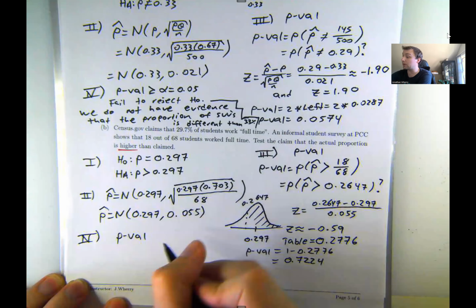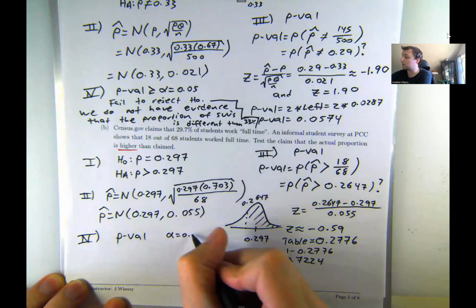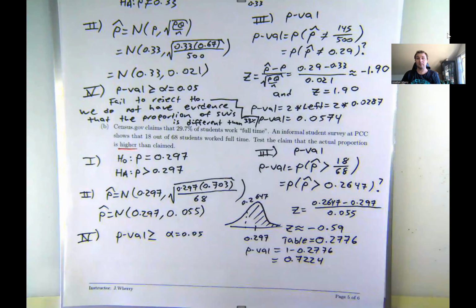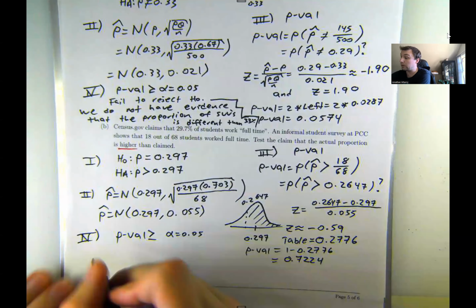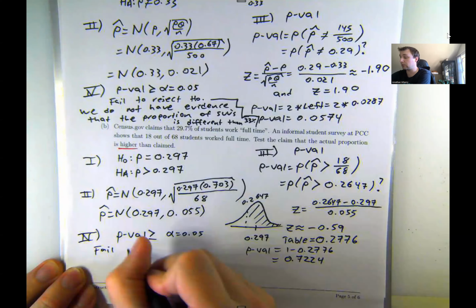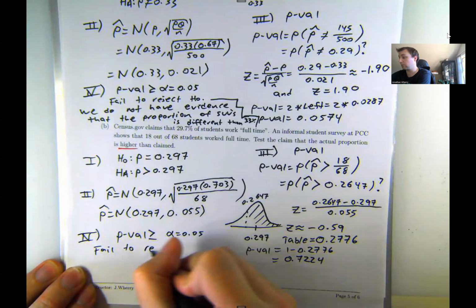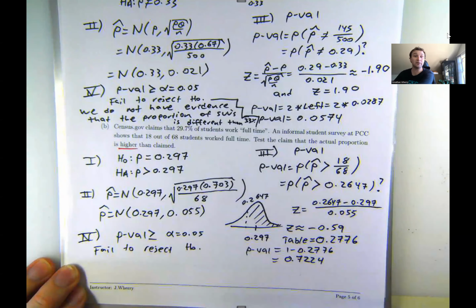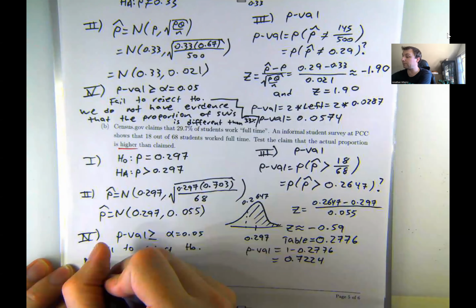That's a massive p-value compared to pretty much any alpha level that you can choose. For example, compared to 5%. And that's way, way bigger than that. And since it's bigger, we fail to reject that null hypothesis. And when we fail to reject the null hypothesis, that means we don't have evidence of something.